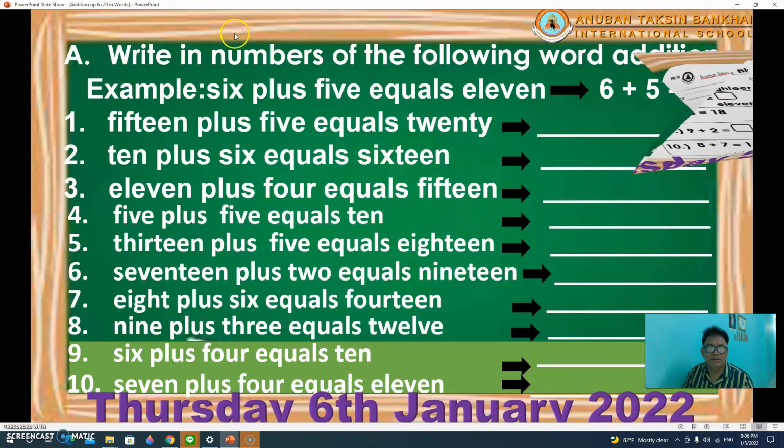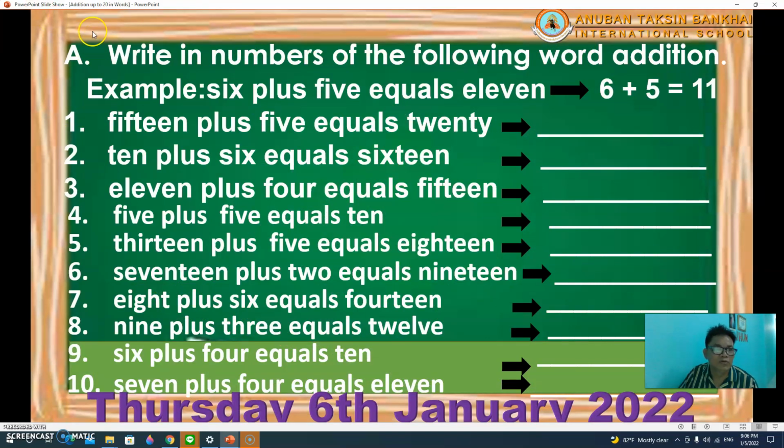This is your worksheet for today. You're going to copy it in your notebook after our lesson and answer it. You're going to write in numbers the following word additions. Example, 6 plus 5 equals 11.